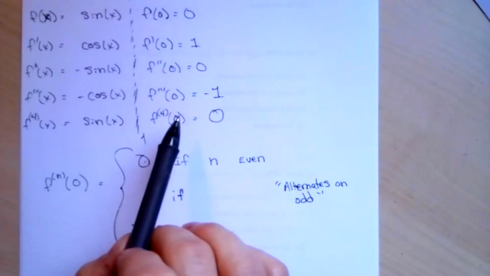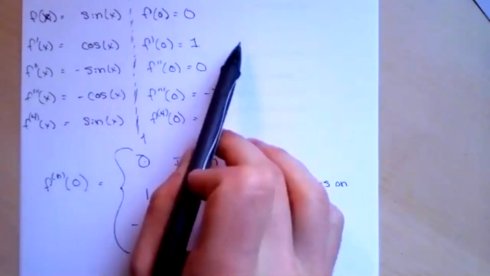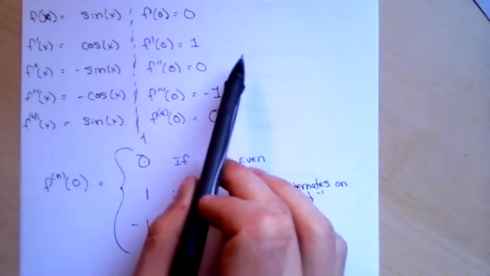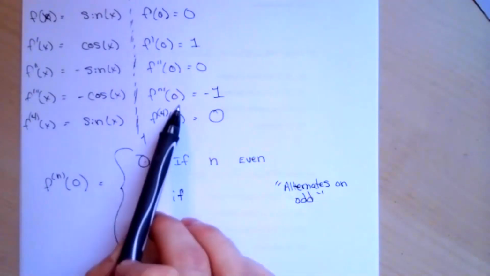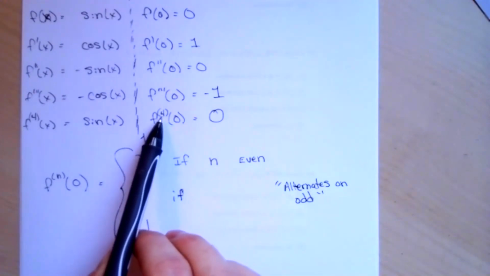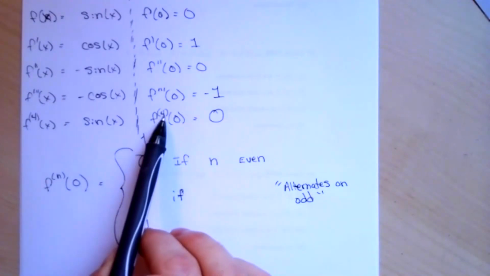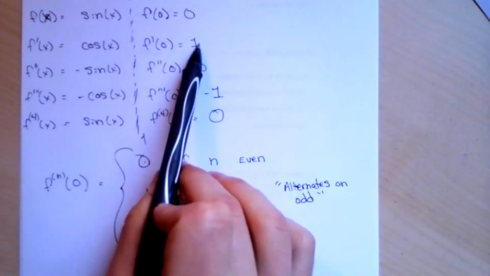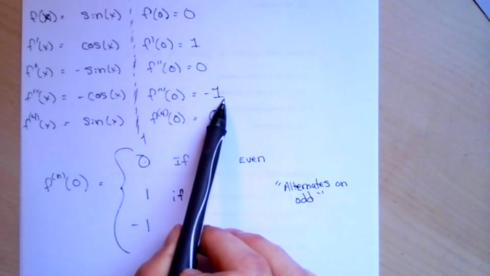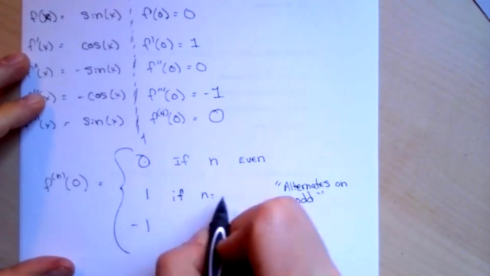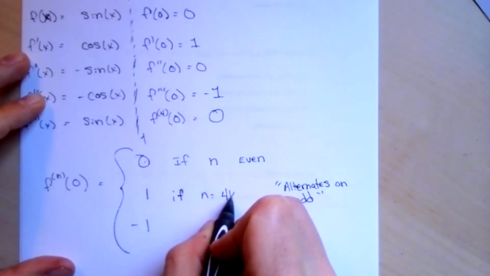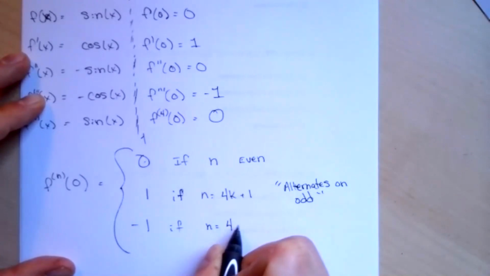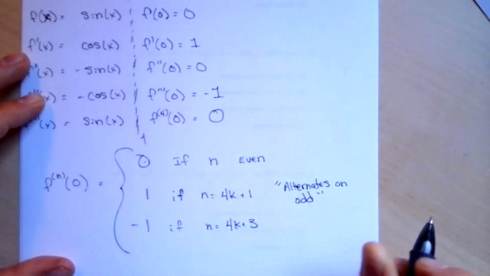So if we divide by 4, any integer divided by 4 is going to have either a remainder of 0, meaning it's a multiple of 4, or the remainder is going to be 1, 2, or 3. So if n is 4k plus 1, or if n is 4k plus 3.